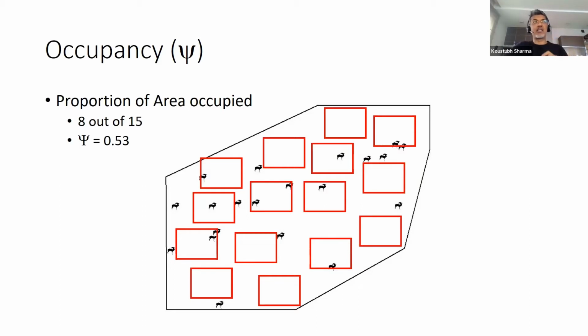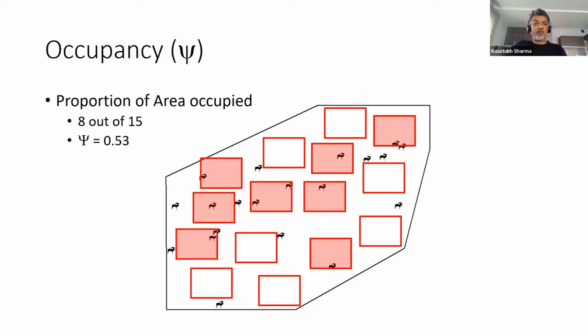If the size of your sampling unit changes and you're showing a difference in occupancy estimates, then it's just wrong. So you have to be very careful of that one element. How big your sampling units have to be, we're going to come to that in a few minutes.